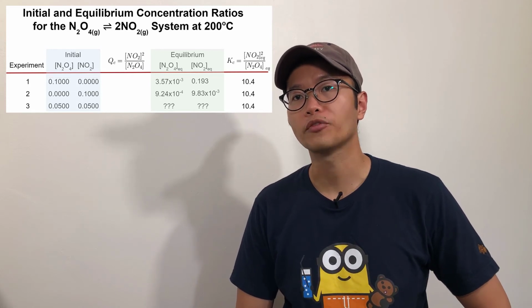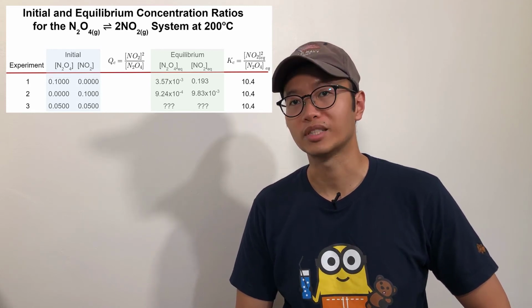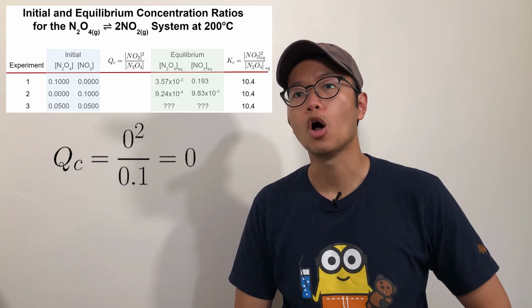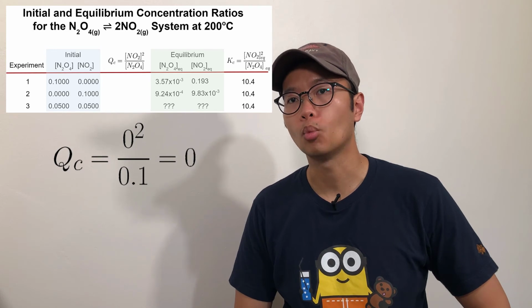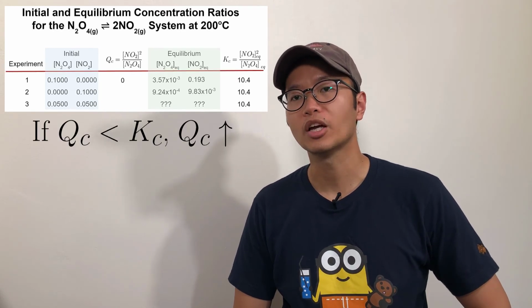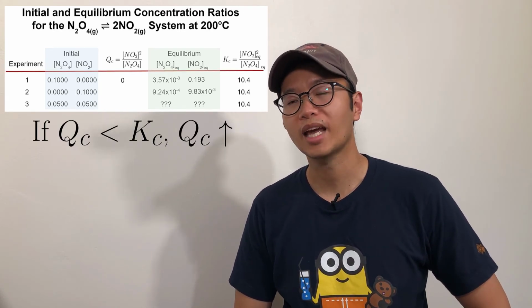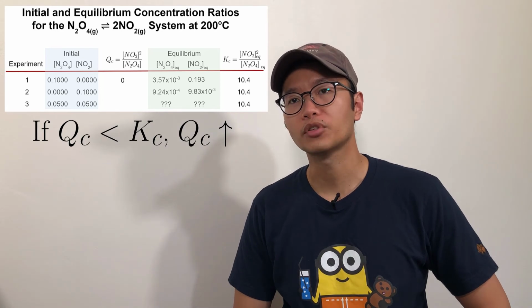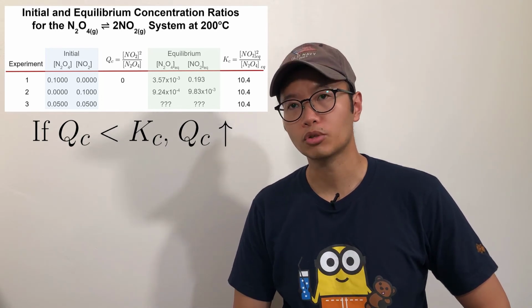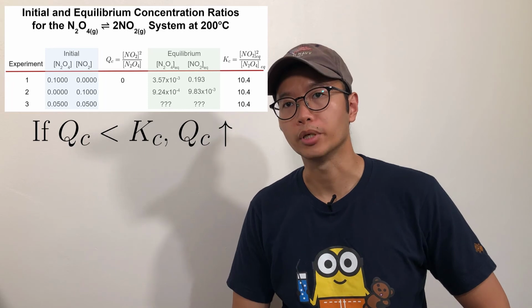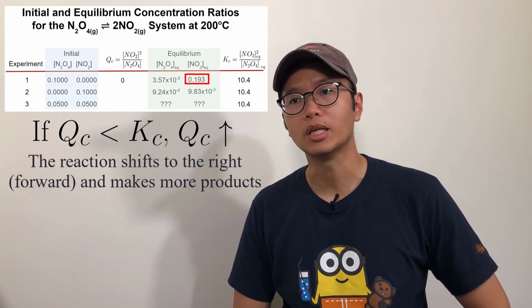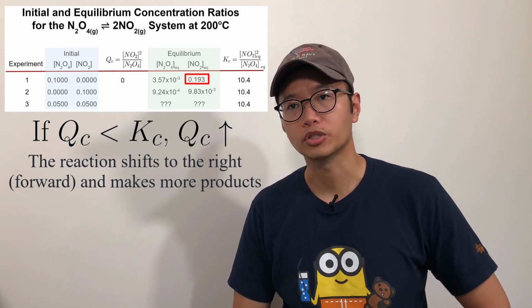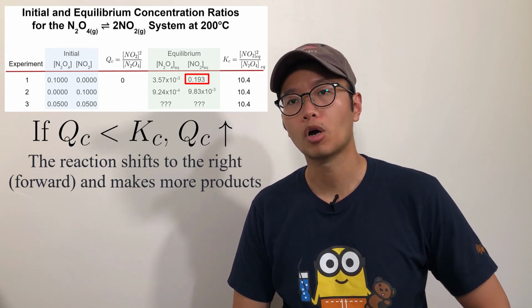The value of Q is equal to 0 because we have 0 squared over 0.1. Since Q is less than K, the value of Q needs to increase to reach equilibrium. Therefore, the reaction will proceed in the forward direction, creating more products.